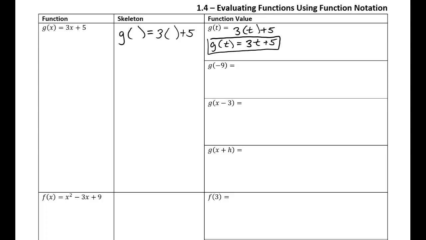What about g of negative 9? G of negative 9. So now back to a number. Just don't forget we can also plug in numbers. So into those skeleton spots, I have a negative 9 in there. So starting with my skeleton, I'm going to take that negative 9 and I'm going to plug it in.